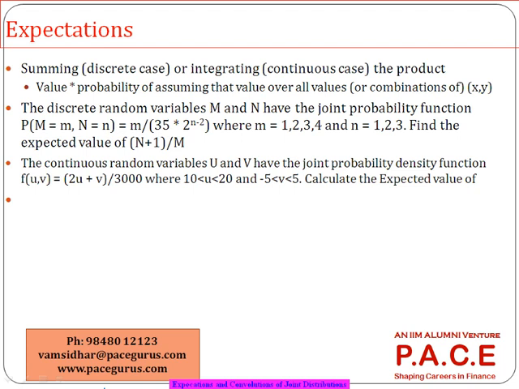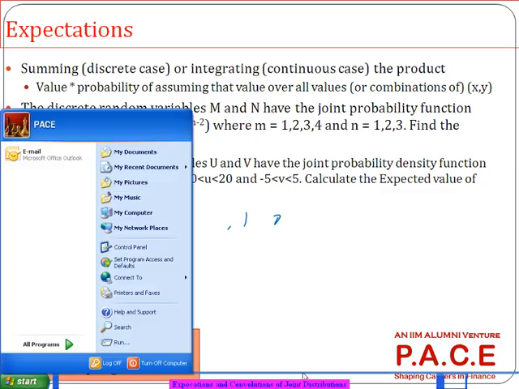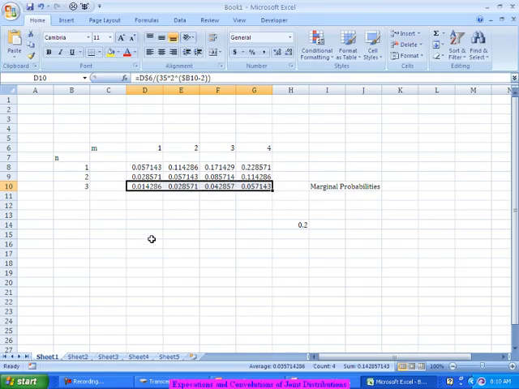If I have to see, we have X, we have M and N, right? So in our simple example, in our spreadsheet case, if I want to find out the expected value, it is nothing but this probability multiplied by its corresponding M and N value.